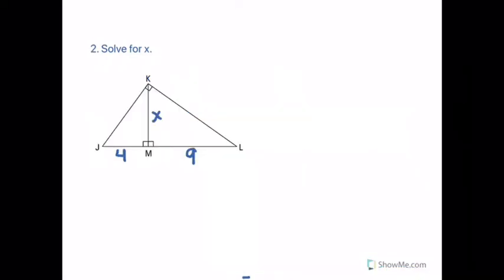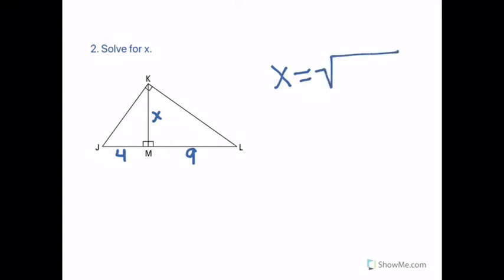Number 2, my instructions again are solve for x. So x is the altitude, and the two segments of my hypotenuse are 4 and 9. To find x, you find the geometric mean.